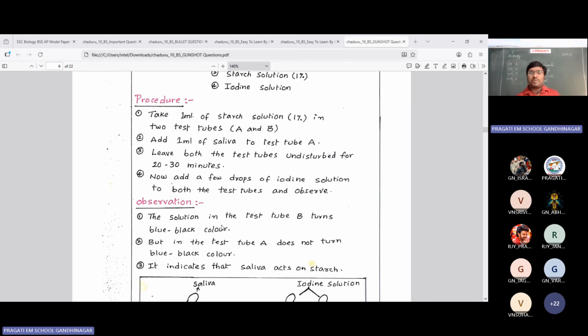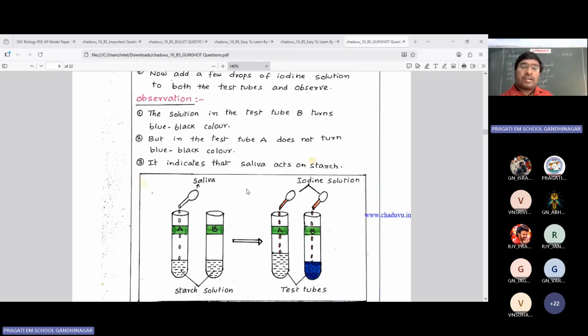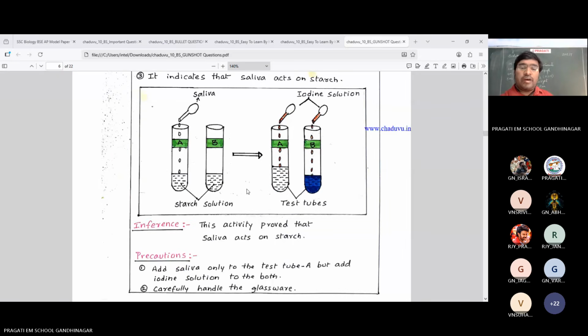What are our observations here, children? The solution in test tube B turns blue-black in color, but in test tube A, it does not turn blue-black. Okay, children, why? Because saliva converts complex carbohydrates into simple sugars.